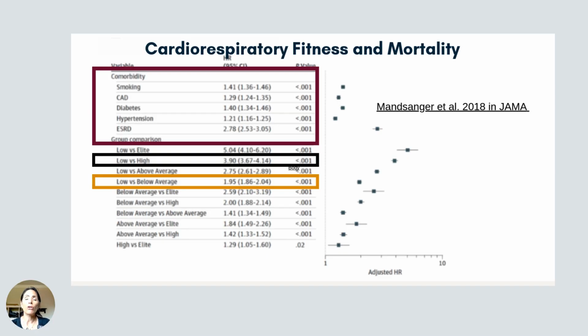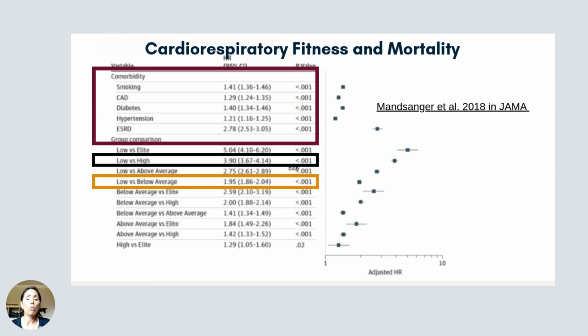And they compared your risk of death over the follow-up period based on whether you had or didn't have certain known risk factors for death. And so in the red box at the top, they looked at things like smoking, cardiac disease, diabetes, hypertension, and end-stage renal disease. And what they then did was calculate the hazard ratio, meaning how much more likely were you to die over that time if you had the disease compared to if you didn't?